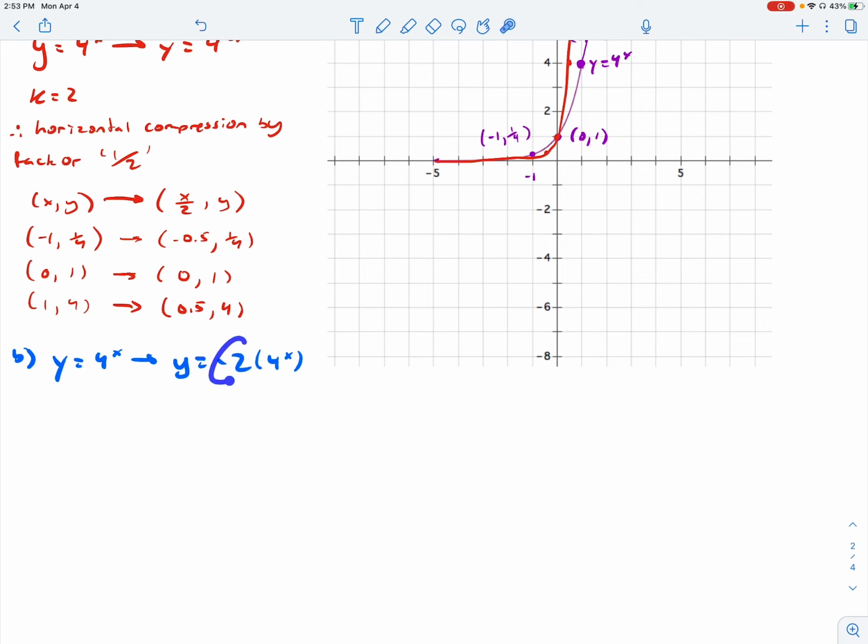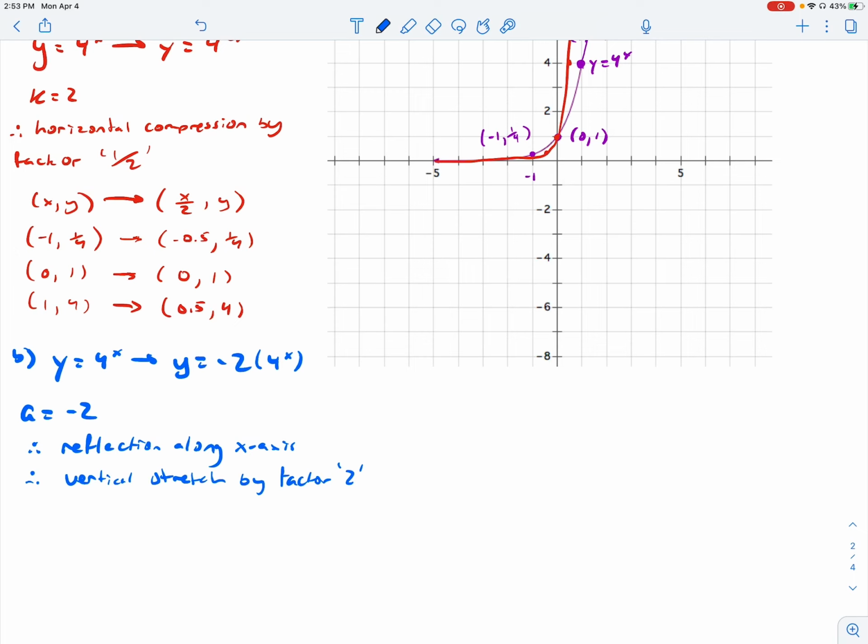So basically this is our a value, right? Therefore, it's a negative, first off. So we're going to have a reflection along the x-axis. And we also have a vertical stretch by factor a, so it'll be by factor 2.